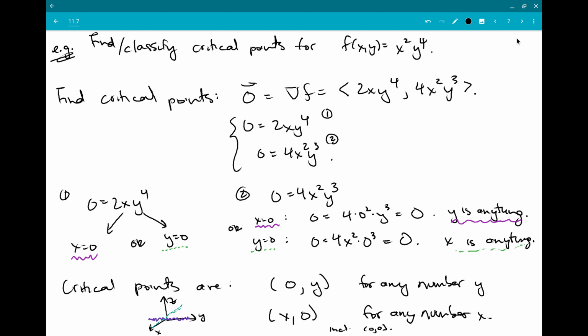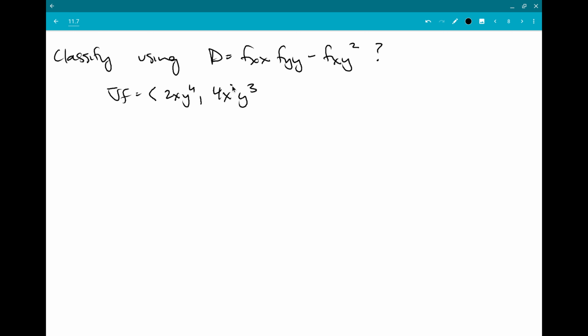So I know that my f sub xx is 2y to the fourth. My f sub yy is 12x squared y squared. And my f sub xy is 8x y cubed.